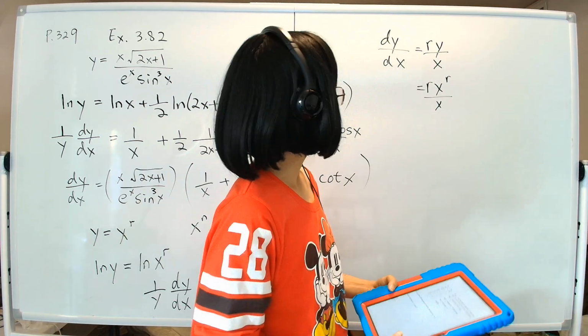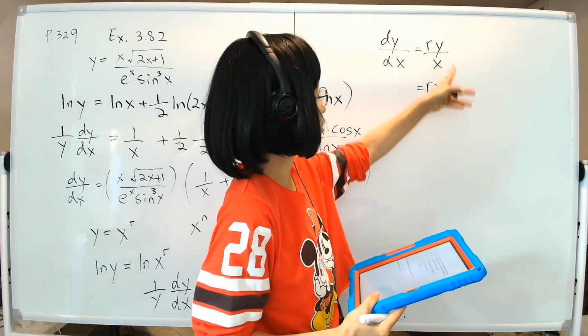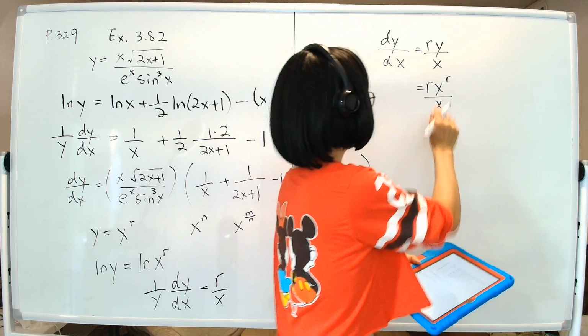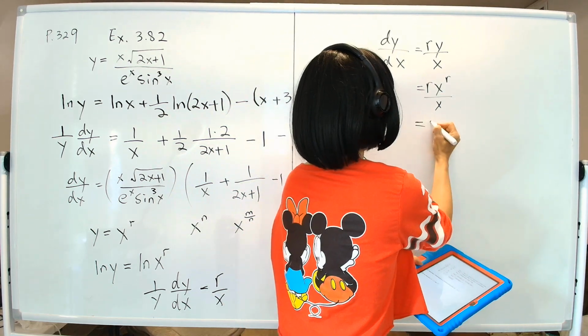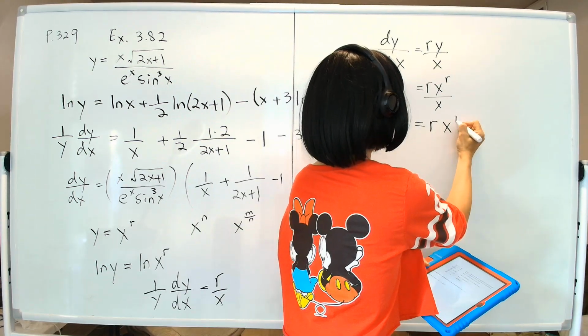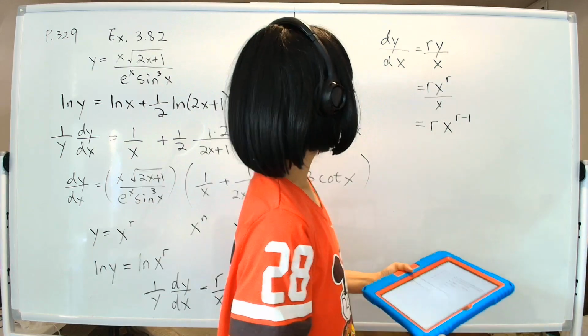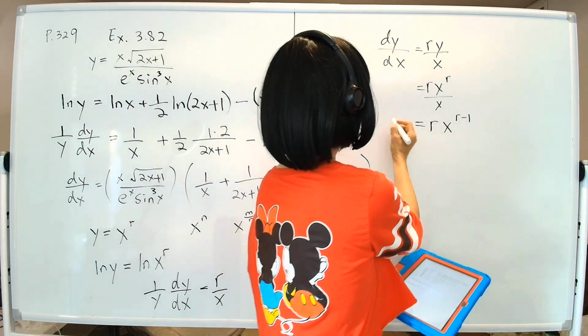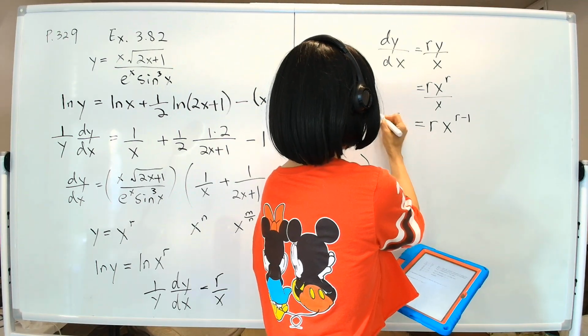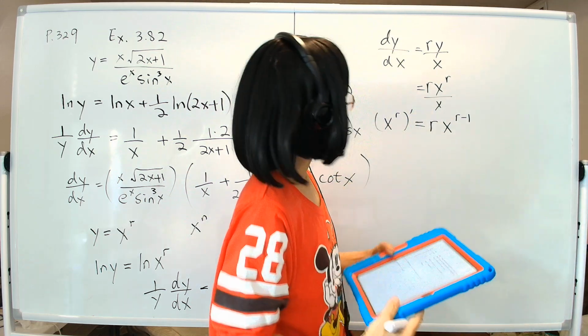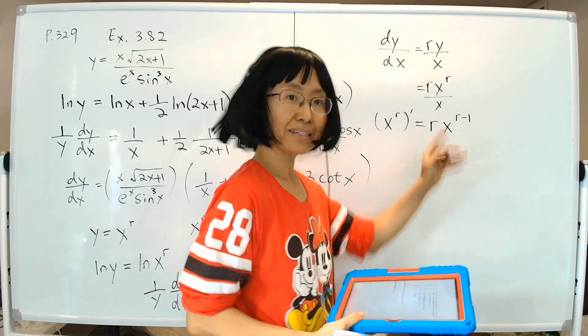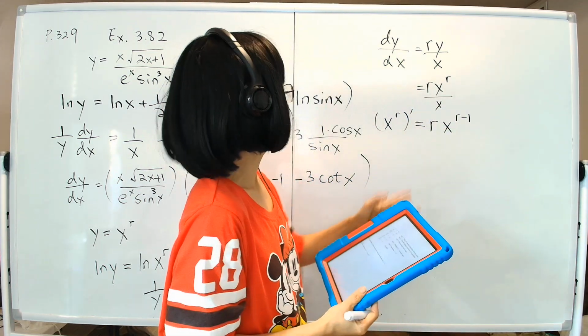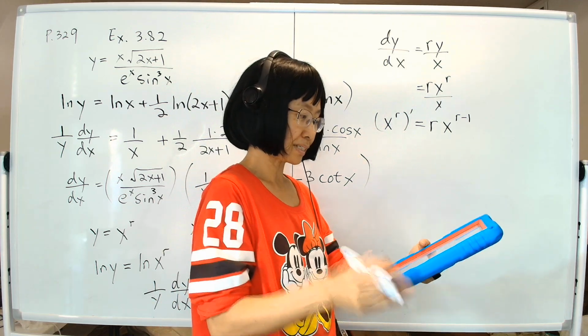Okay, so I have substituted the x to the power r for y. And what is that? That is simply r times x to the power r minus 1. And that is the proof that the derivative of x to the power r is r x to the r minus 1, just like the power rule, and that applies to all real numbers.